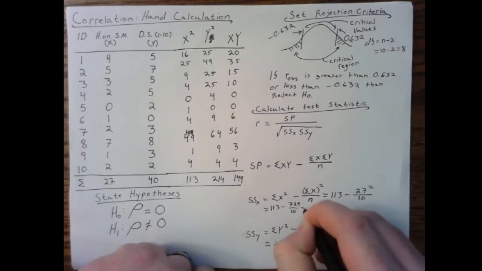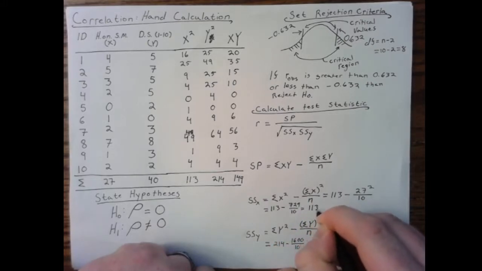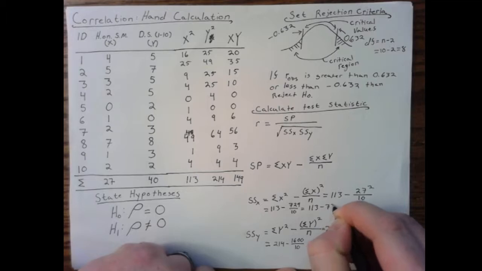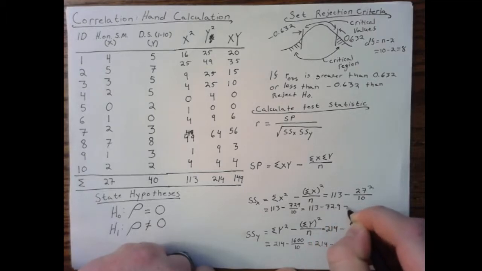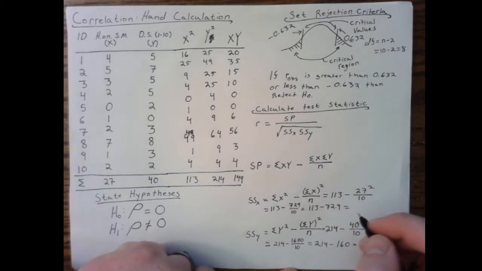So 113 minus 72.9 gets me a final score of 40.1.